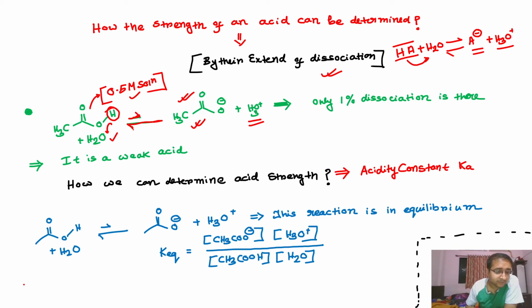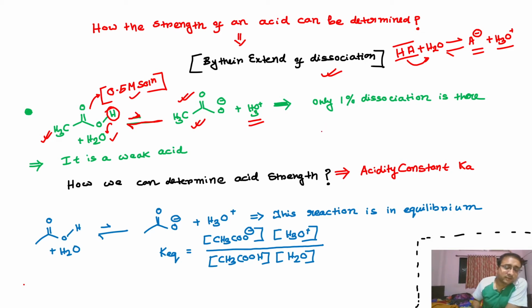The equilibrium is shifted towards the left, so only 1% of the acetic acid is in the dissociated state. That's why we can say that acetic acid is a weak acid, because it has a very low dissociation rate. Only 1% dissociates in aqueous medium.